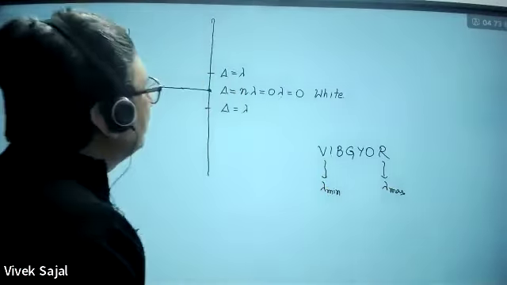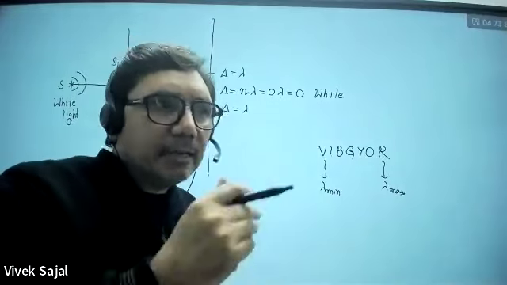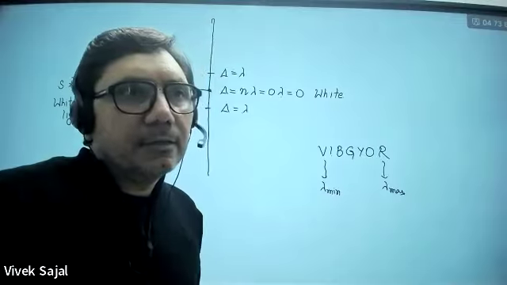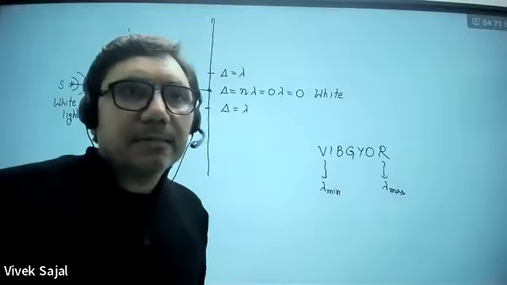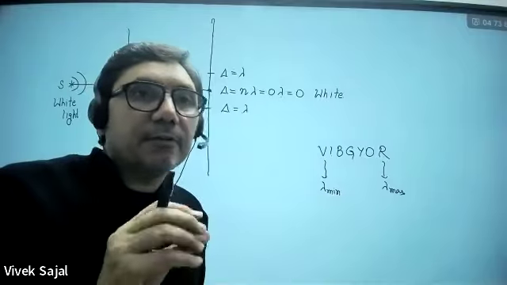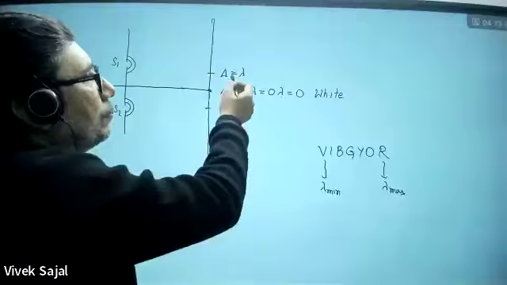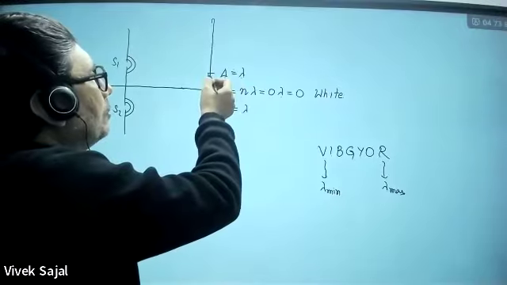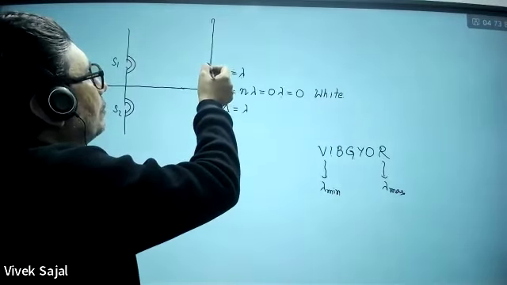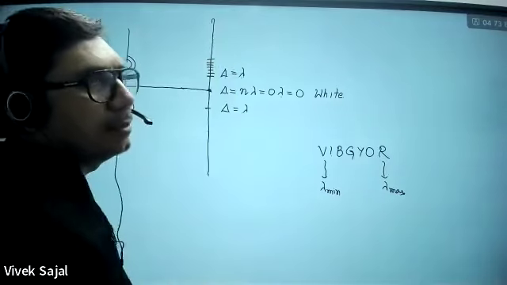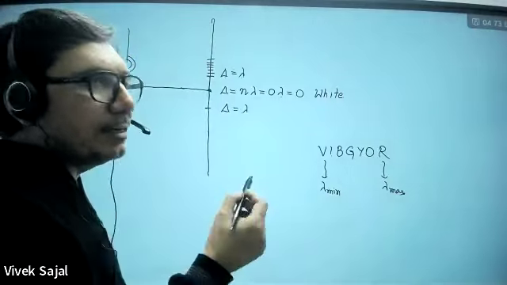So you will find that the first order maxima of different colors are not going to coincide. They will fall at different points. Similarly, first order maxima, second order maxima, third order maxima are maxima of different colors. They will not coincide with each other because lambdas are different. So you are going to get a maxima for one color here, for the second color, third, fourth, fifth, sixth, seventh. I will explain you later.